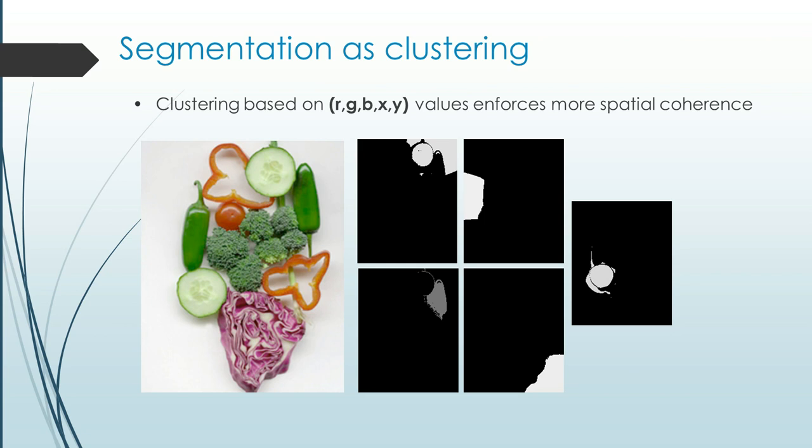So for example, right now, in this other example, the clustering is based on the RGB XY values, which enforces the spatial coherence, as you can see here. And we can actually extract some objects based not only on the color, but also on the distance of the features that are clustered.